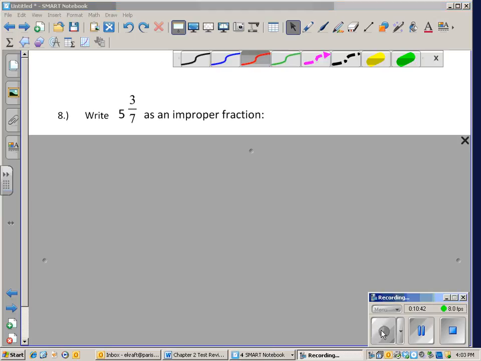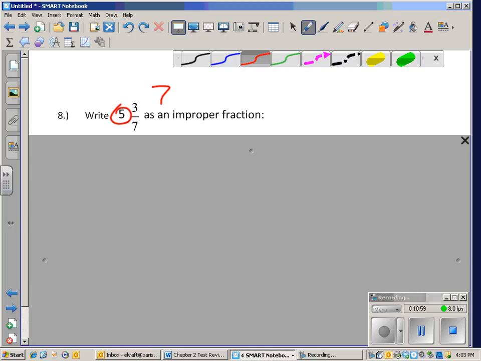Okay, so I've circled the 5 and I figure out what 5 is equal to. So I'm going to do 7 plus 7 five times.